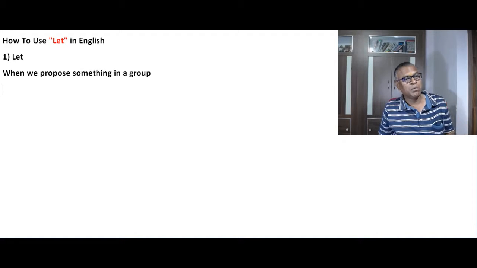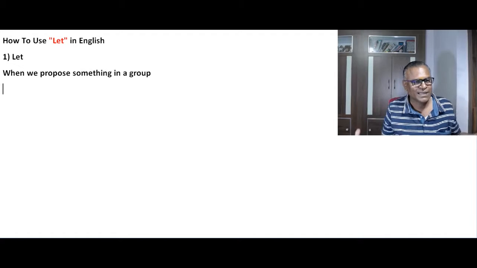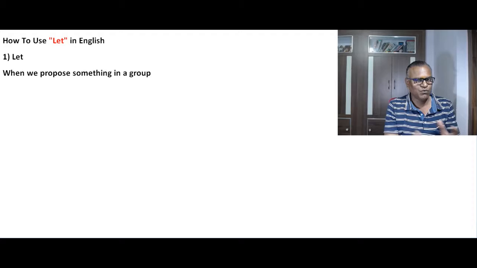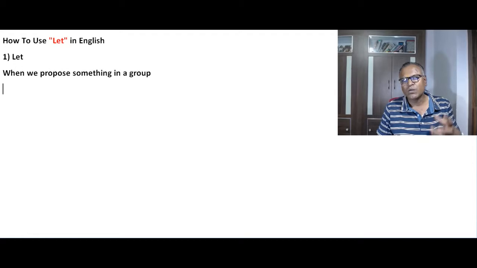It means when I propose something in a group, like we are 3 or 4 or 5 friends going together somewhere, or we are having dinner together, and I just suggest everyone with me to have a particular dish, like let's have matar paneer or let's have rice, like this. So it means when I propose something in a group, come on, let's have a cup of tea.